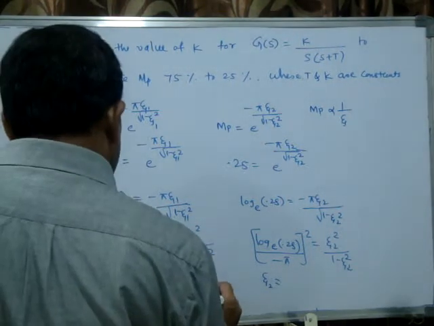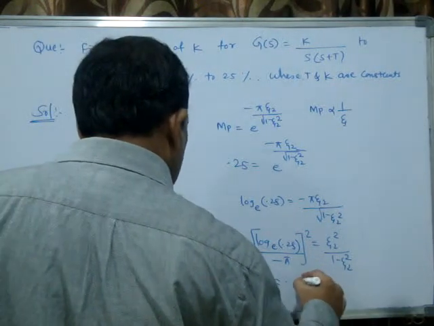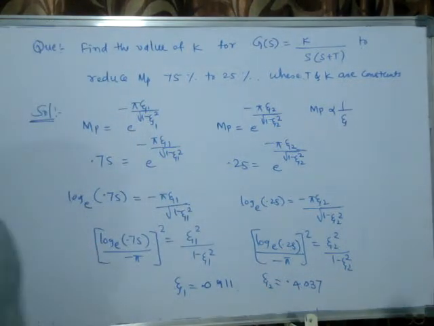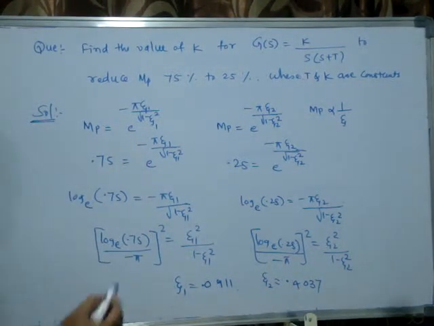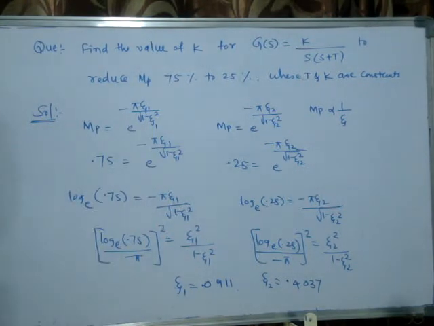Now zeta 1 is 0.0911 and this is 0.4037. Just to check the values. Two MPs are given. I want to reduce this MP to this MP. Always MP should be less, it is better.